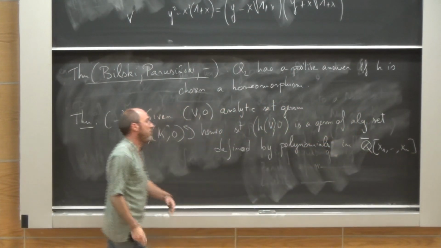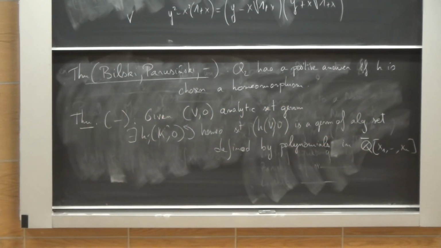And the same for question 2: we can transform an analytic function into a germ of a polynomial function with algebraic coefficients by such a homeomorphism.